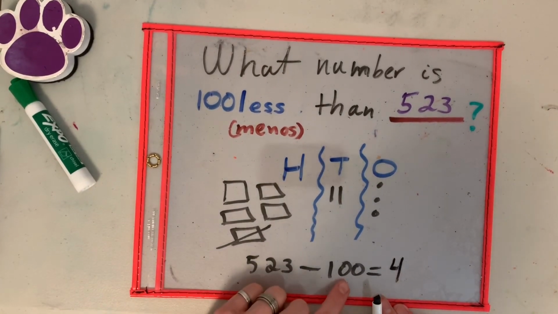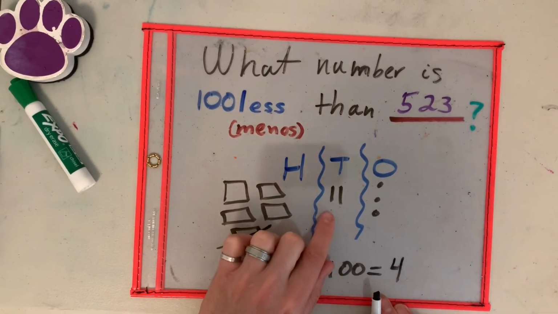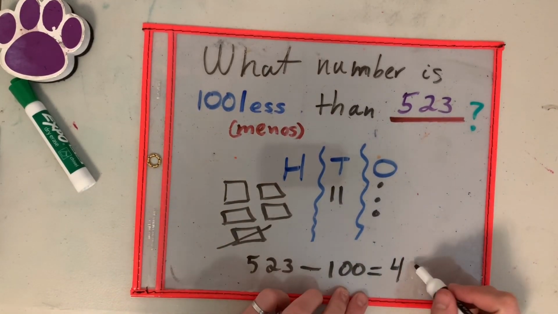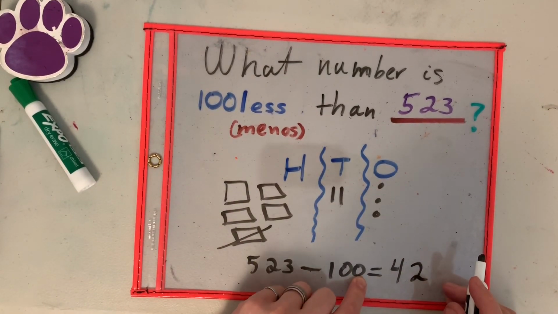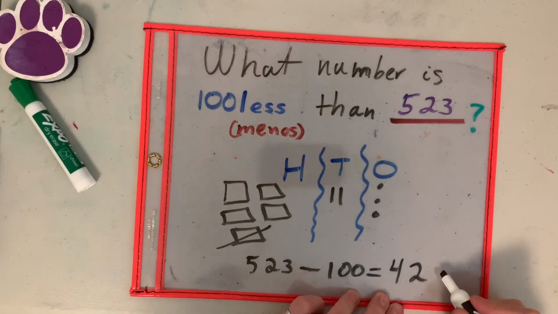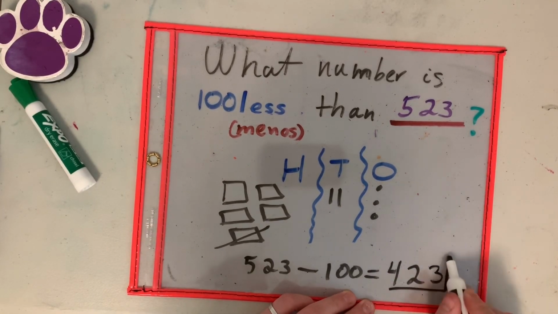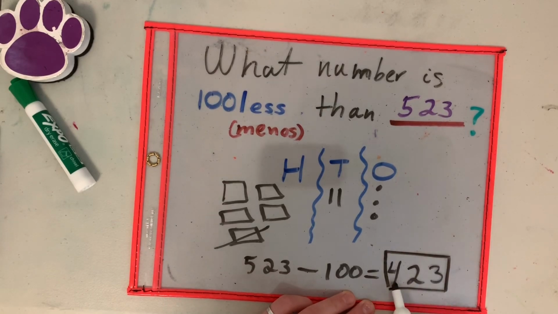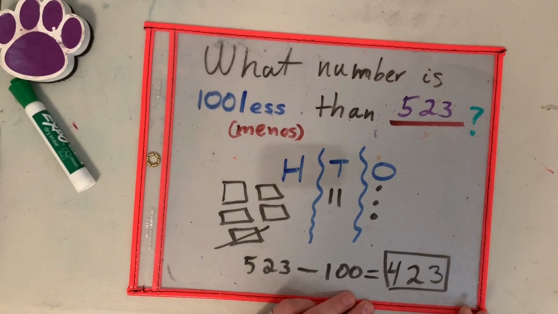Then how many tens do I need to take away? 0 tens. So it stays the same. 2 minus 0 equals 2. And how many ones? I take away 0 ones, so 3 minus 0 equals 3. My number with 100 less is 423. Okay, this is my number. Remember that yours should be a different number.